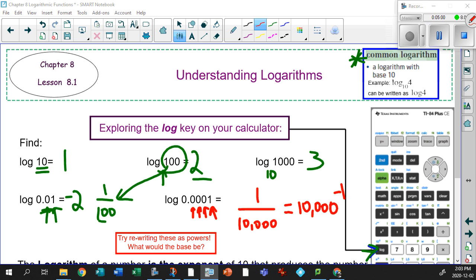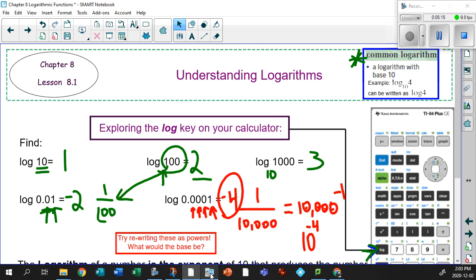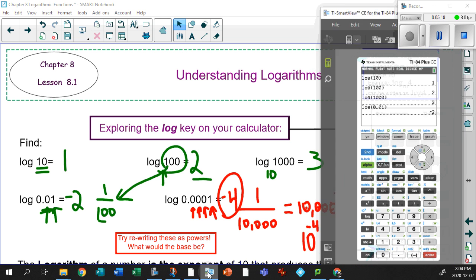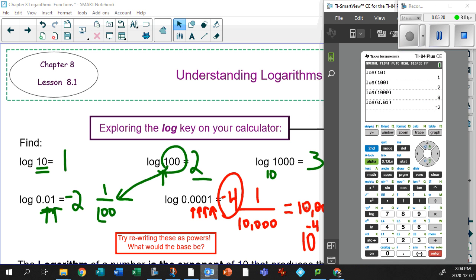And 10,000 is 1, 2, 3, 4 zeros. This is 10 to the power of 4 to the negative 1. So it's got to be 10 to the power of negative 4. I bet it's negative 4. Let's bring up our calculator again and see if that actually works. Log of 0.0001, 3 zeros and a 1. Bracket. Is it going to be negative 4? It is. Incredibly cool.